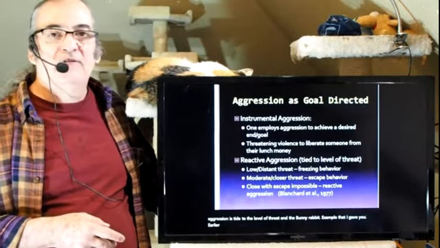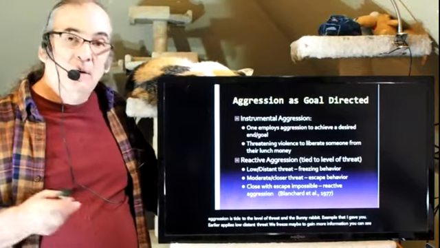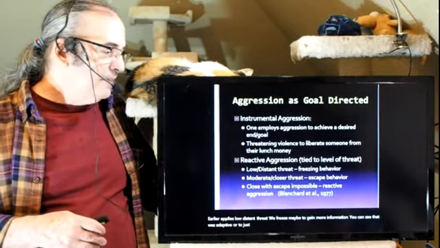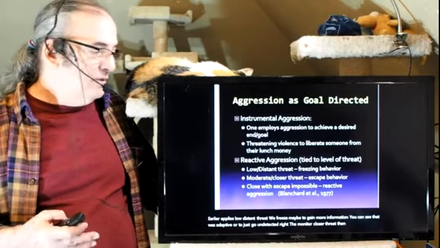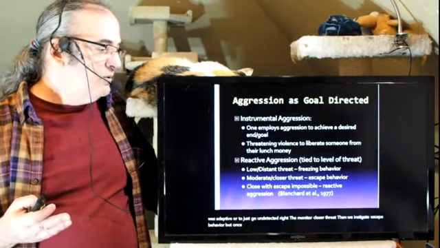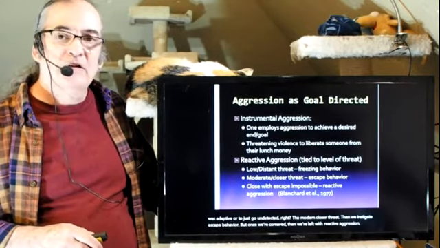Low, distant threat, we freeze, maybe to gain more information. You can see how it was adaptive, or to just go undetected. With a moderate, closer threat, we instigate escape behavior, but once we're cornered, then we're left with reactive aggression. Questions about that?